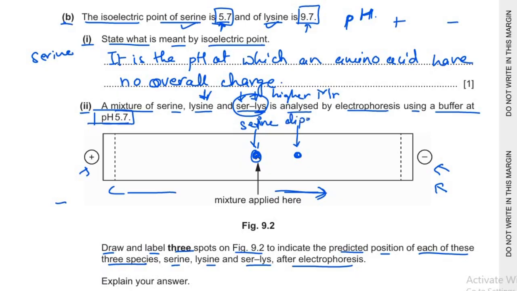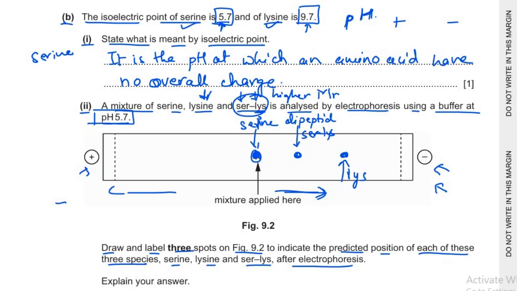Here we can label dipeptide, or you can label it as serine lysine, the short form of the dipeptide. And more distance will be traveled by lysine, so you can just label it as LYS, lysine, to show that the amino acid lysine traveled more distance. So this is how you're going to make it. You can draw these two spots at any of the distances given here, from this cross to the dotted line.